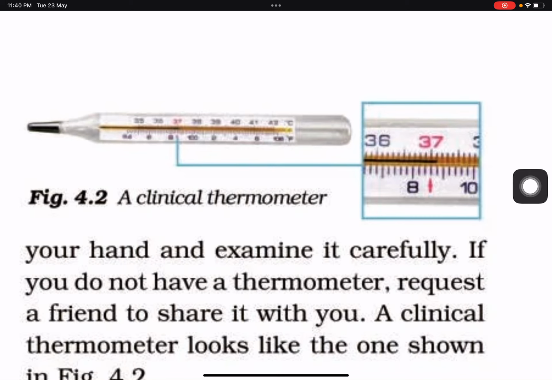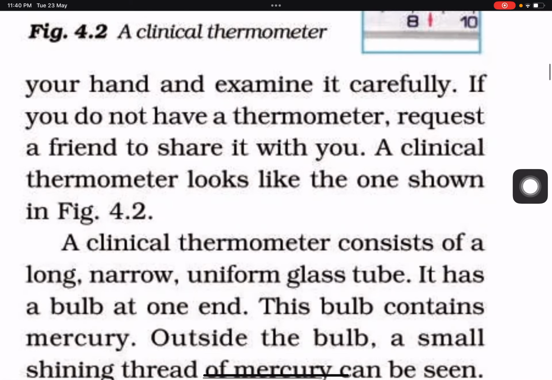Sometimes there is a temperature between 37 and 38 degrees Celsius, so they show this. Every marking stands for 0.1 degree Celsius. Okay.